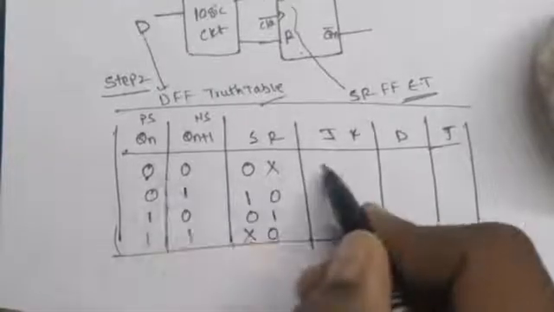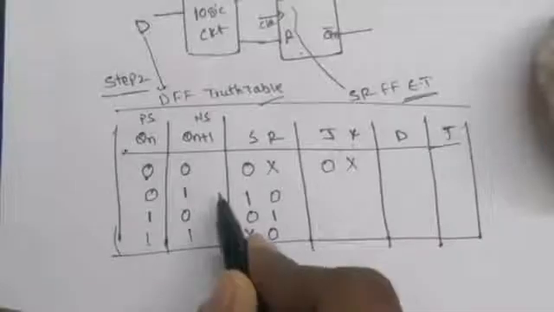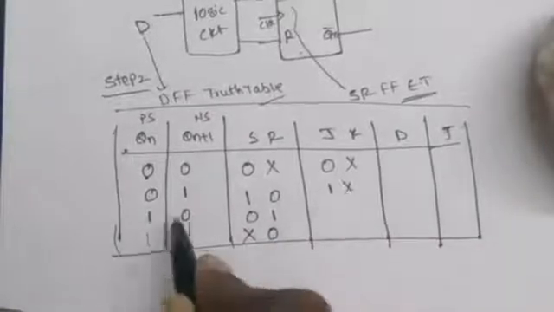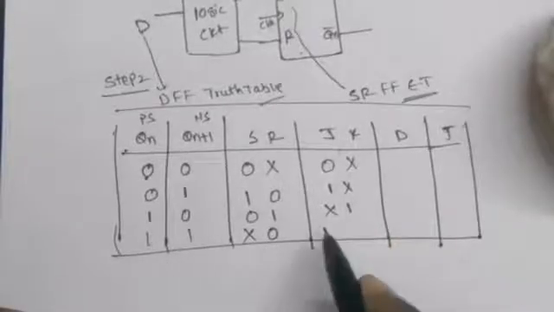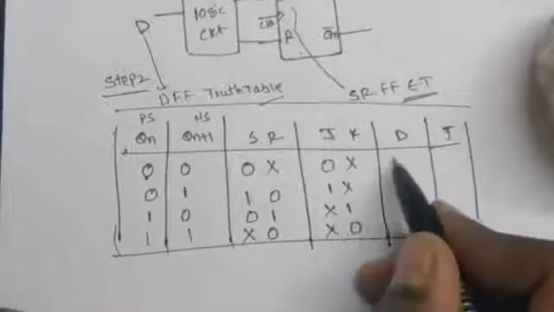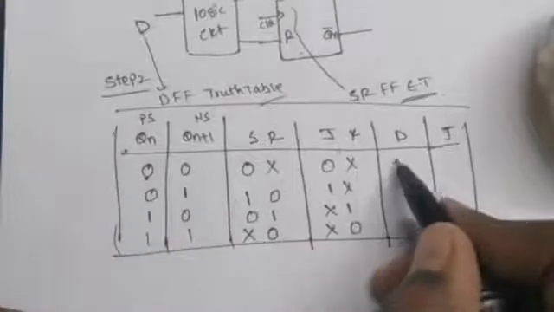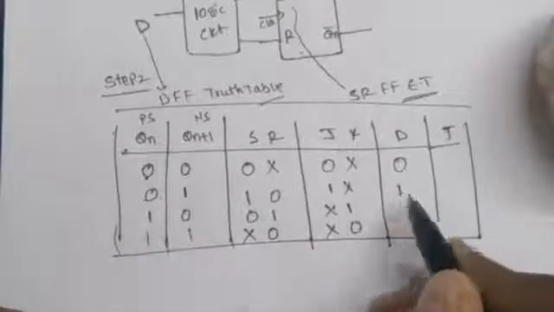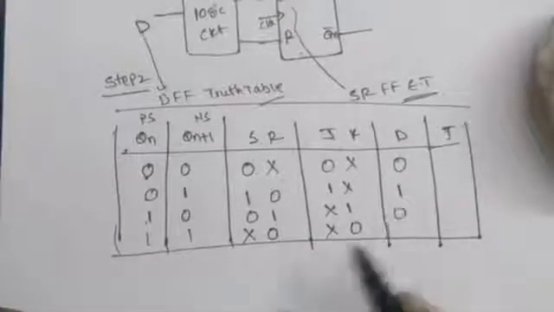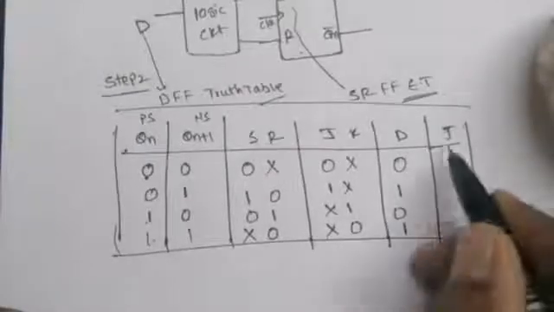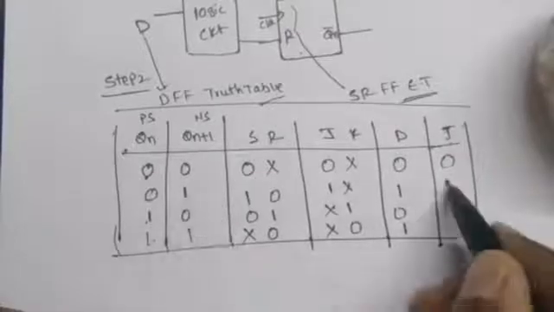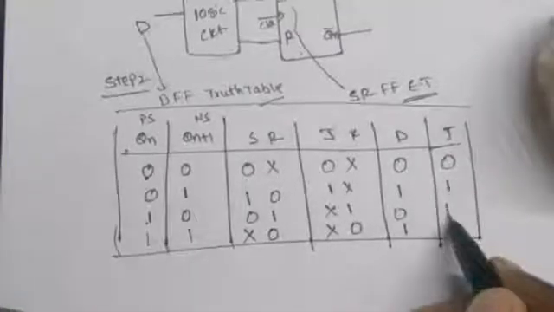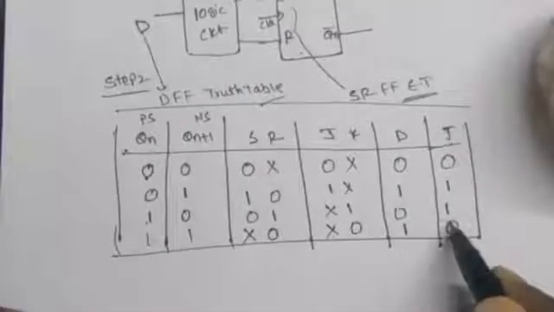For JK flip-flop: 0 0 is 0x, 0 1 is 1x, 1 0 is x1, and 1 1 is x0. For D flip-flop: 0 0 is 0, 0 1 is 1, 1 0 is 0, 1 1 is 1. For T flip-flop: 0 0 is 0, 0 1 is 1, 1 0 is 1, 1 1 is 0.